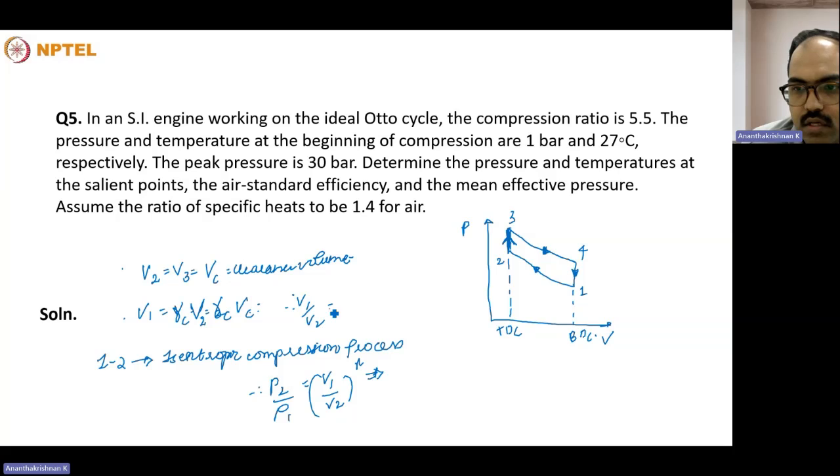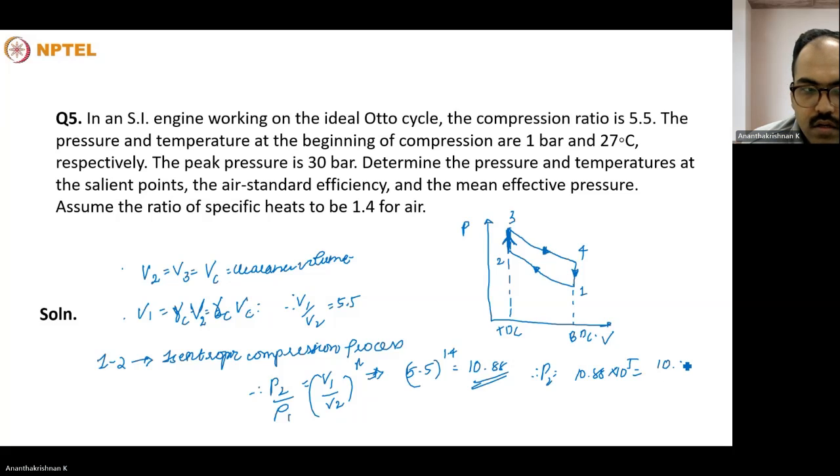V1 by V2 is equal to 5.5, so that is 5.5 raised to 1.4, that is 10.88. Therefore, P2 will be equal to 10.88 into 10 power 5 Newton per meter square.